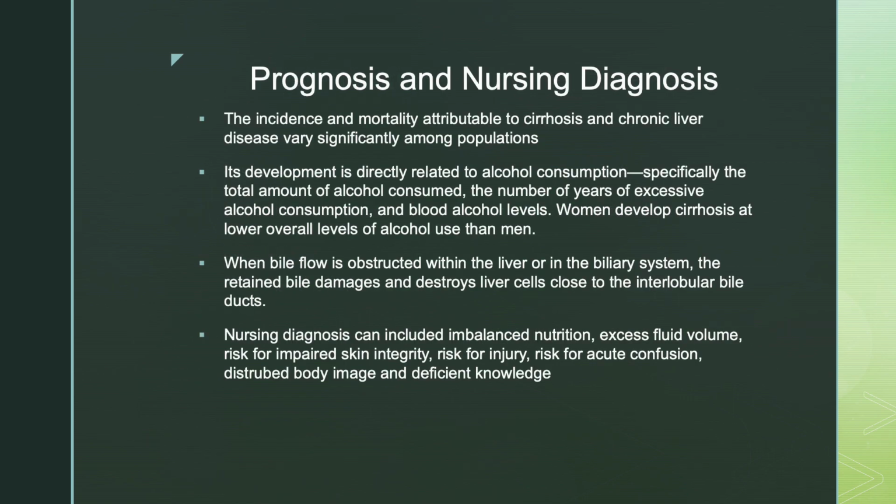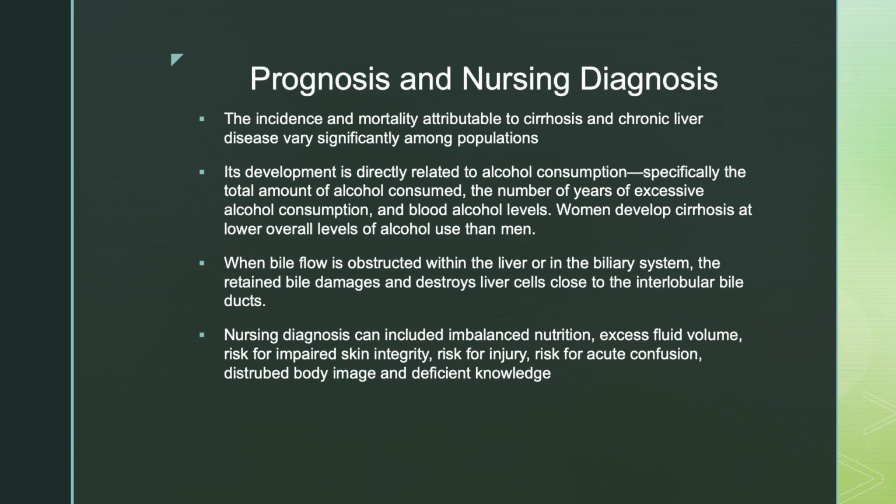So the prognosis and nursing diagnosis: the incidence and mortality attributable to cirrhosis and chronic liver disease vary significantly amongst populations. This is because certain lifestyle changes can greatly affect the course of the liver disease progressing into liver failure.